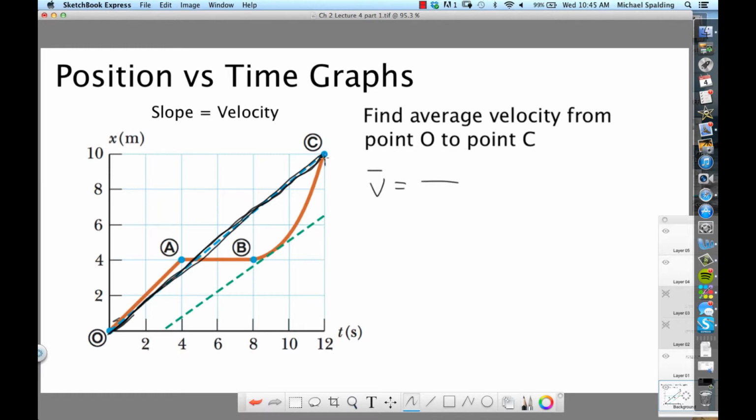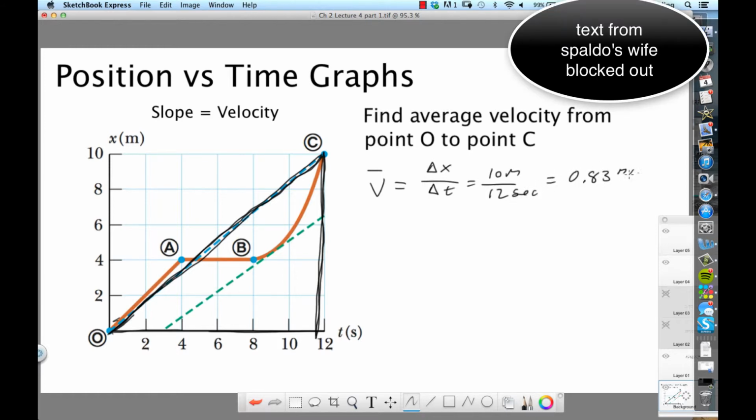What is the rise from O up to C? 10 meters. That's the displacement over time. What is the run from O over to C? 12 seconds. So this comes out as 0.83 meter per second. That would be the average velocity from O up to C.